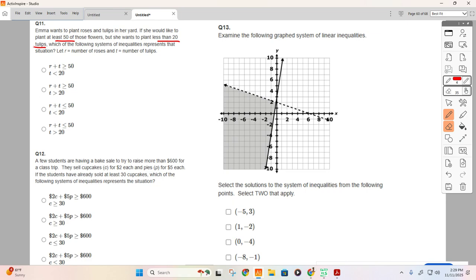So when you add the roses plus the tulips, she has at least 50, so this amount has to be greater than or equal to 50. The second constraint says she wants to plant less than 20 tulips, so the tulips need to be less than 20. So that is option A, the first one.